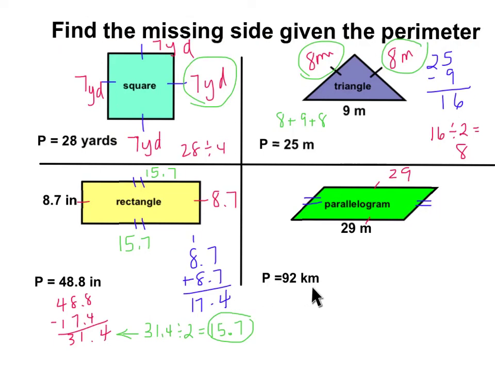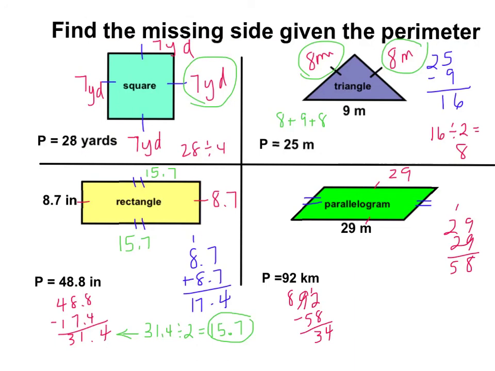Again, my total perimeter is 92, so 29 plus a number plus 29 plus another number is 92. So I'm going to add the two 29s, which is 58. I'm going to take 92 minus 58, and that gives me 34.